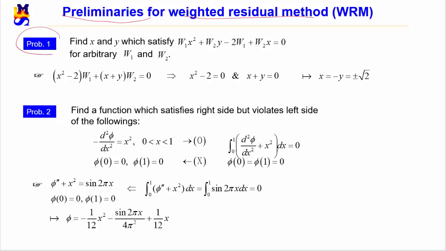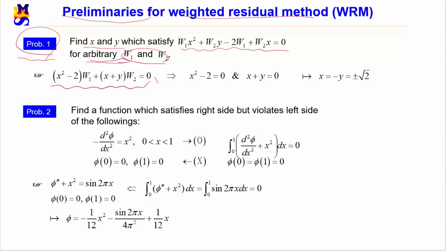First, recall your memory of a mathematics problem in your high school days. This example is to find the unknowns x and y, which satisfy this identity equation with respect to W1 and W2. That is, this equation should be satisfied for any W1 and W2.